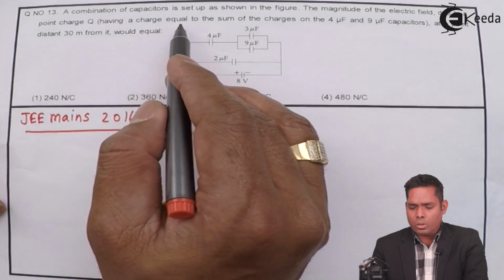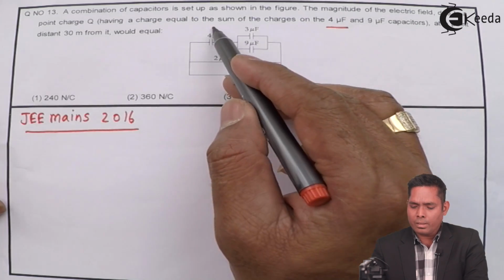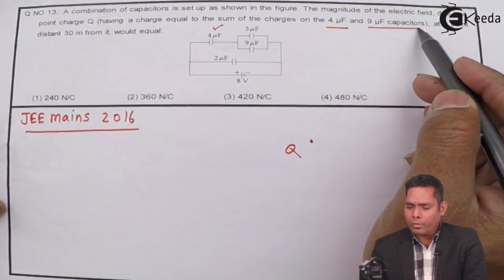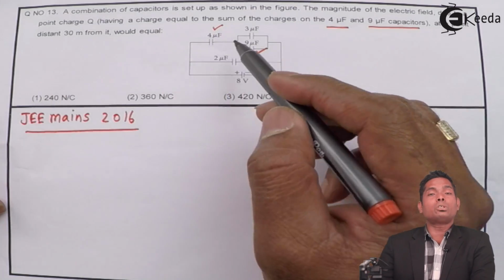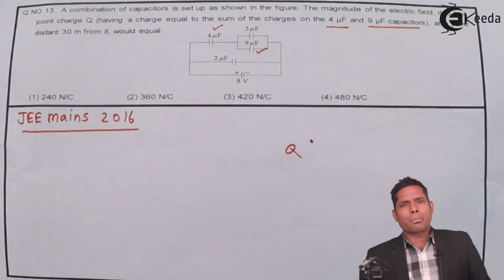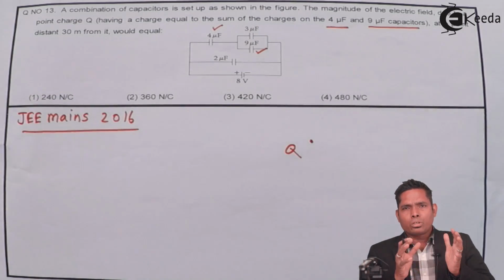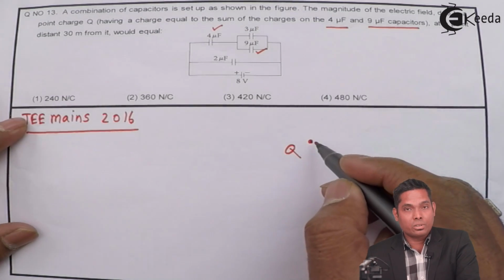Having a charge equal to the sum of the charges on the 4 microfarad and the 9 microfarad capacitors. So whatever the charge that will be stored in the 4 microfarad capacitor and 9 microfarad capacitor, the sum of those two charges is placed here as a point charge.